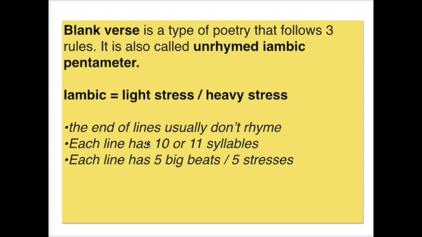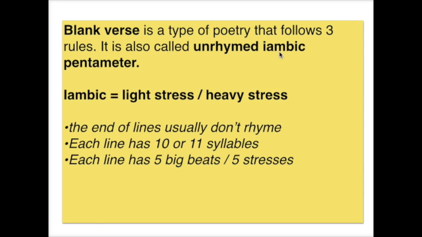So blank verse is a type of poetry that follows 3 rules. Blank verse equals unrhymed, iambic, pentameter. Now we have the metre first appearing here. Pent for 5 means we have 5 poetical beats in each line of poetry. Unrhymed means the end word of that line of poetry usually won't be rhyming with the line below it.